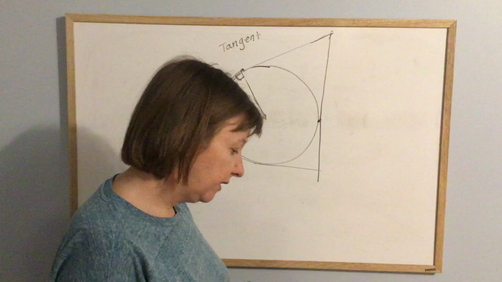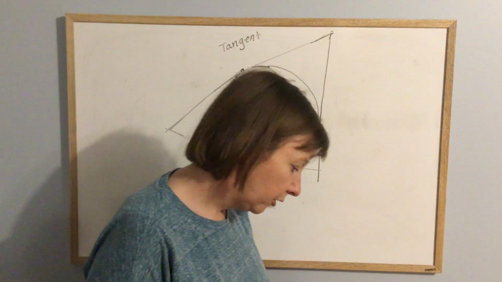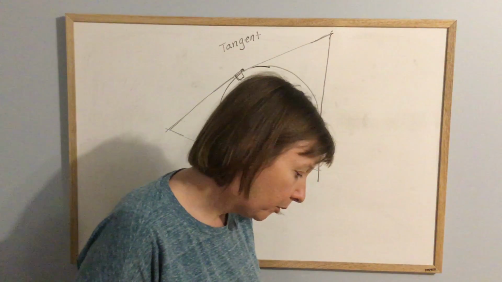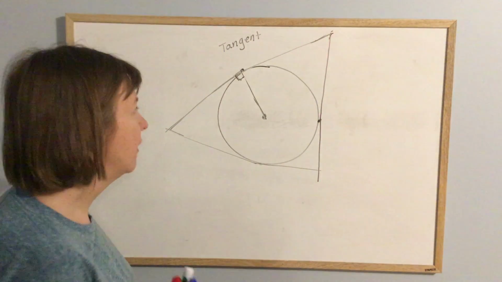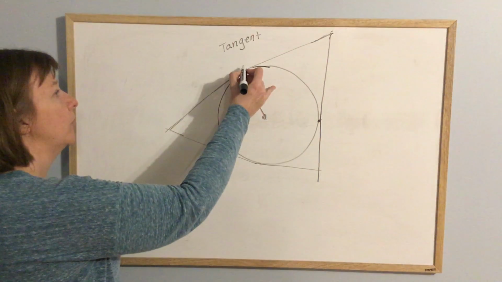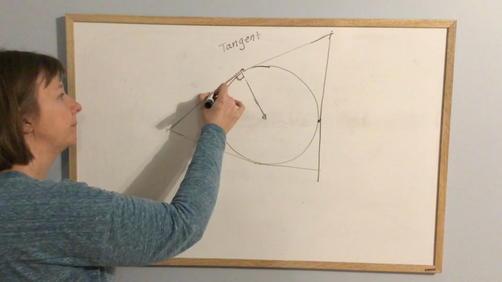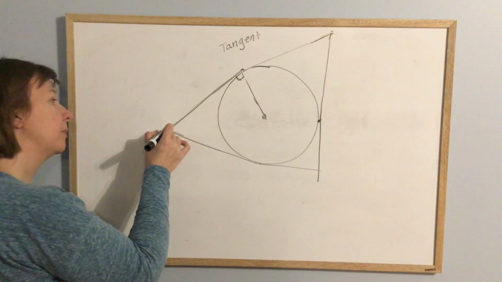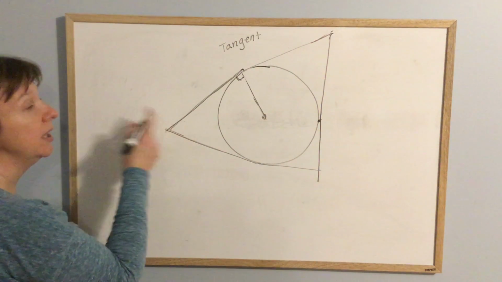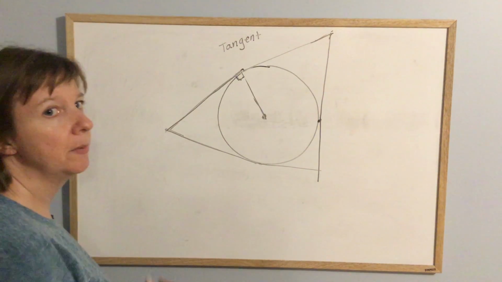The tangent segments to a circle from any external point are congruent. Okay, that sounds complicated, and it's not. Notice when I drew this tangent line, okay, and I drew this tangent line, there is a point at which they either meet or cross, depending on how long you make your line.